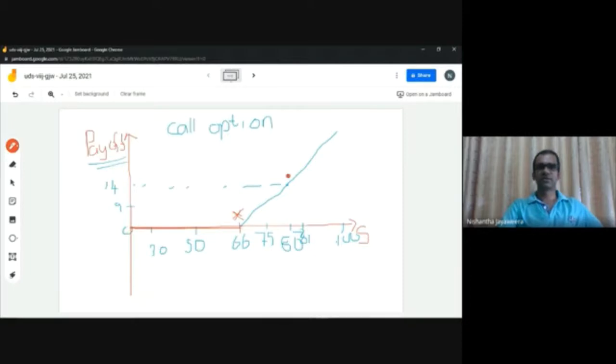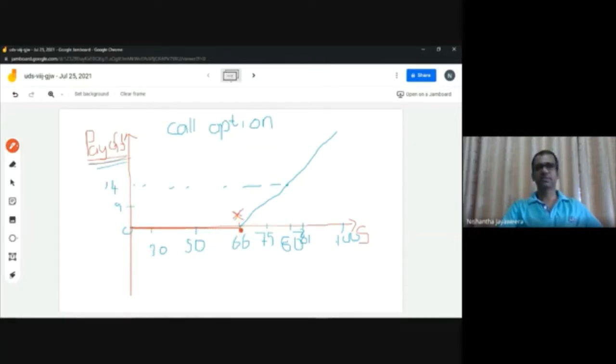This whole diagram, we call it the payoff diagram. So this is the strike price. For a call option, when the spot price remains below or equal to the strike price, payoff is 0.